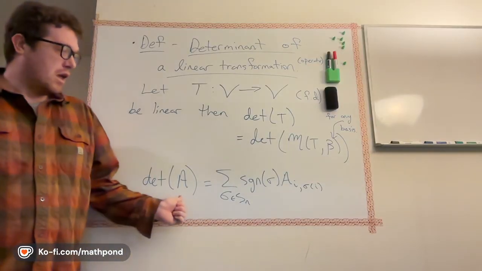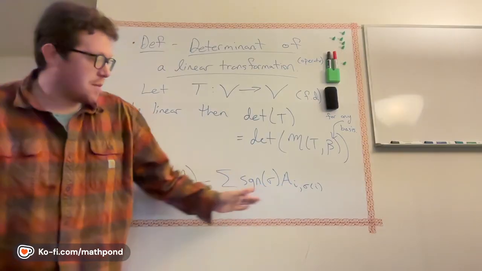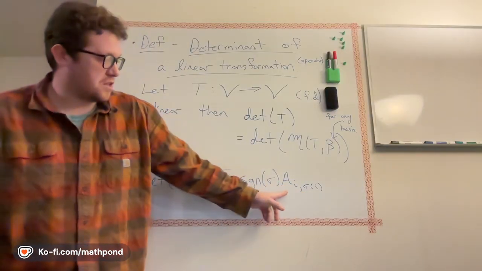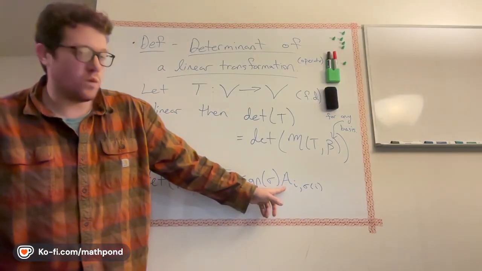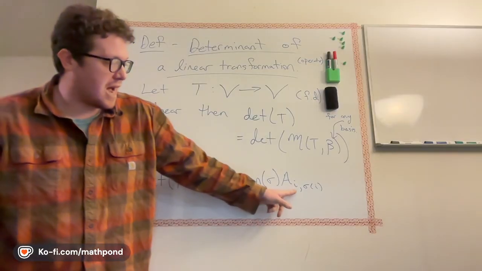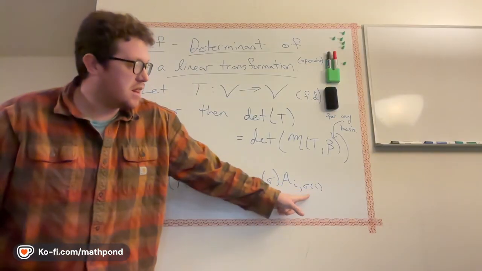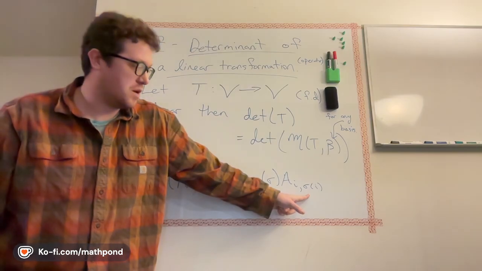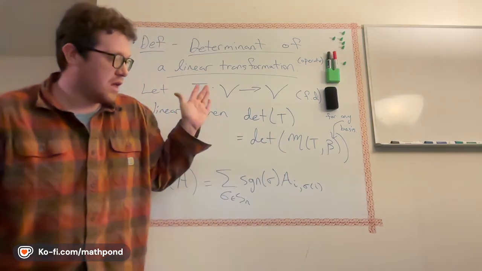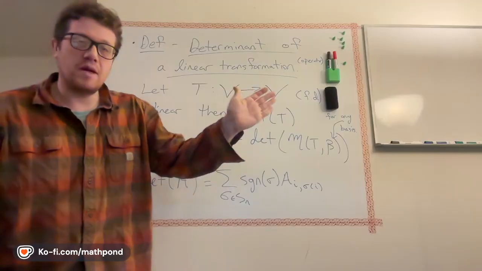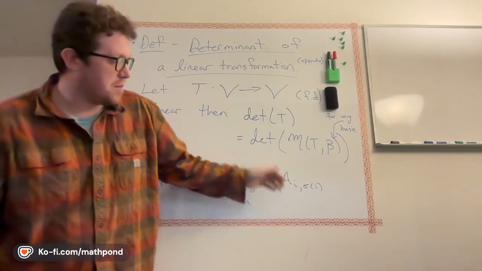So you're going to be looking at products of entries from the matrix. So you're looking at the index of the element, so it's i comma sigma i. So basically we're shuffling around the column that we're dealing with, and we're taking a product over one element from each column, one element from each row.